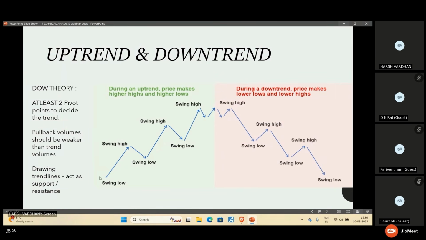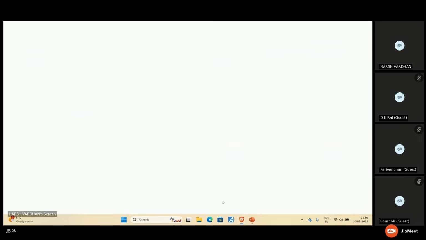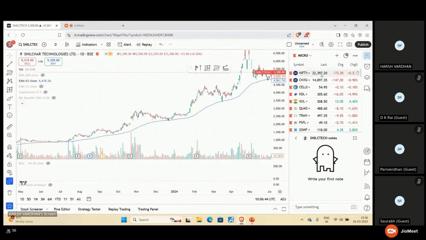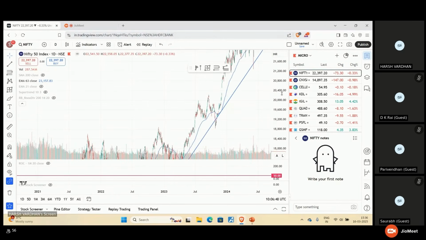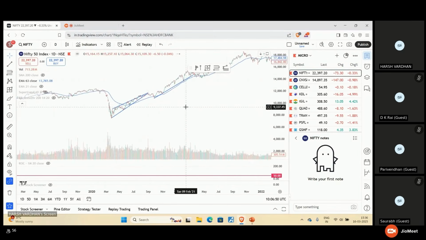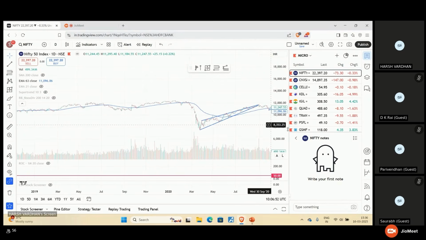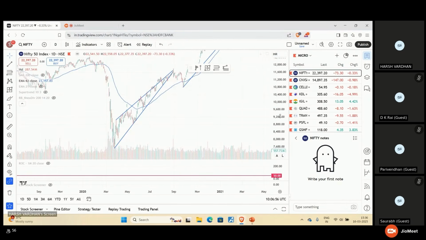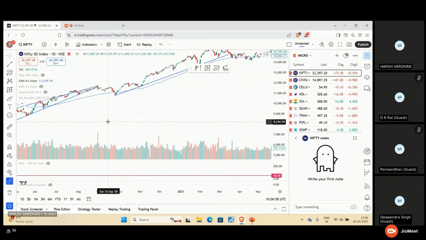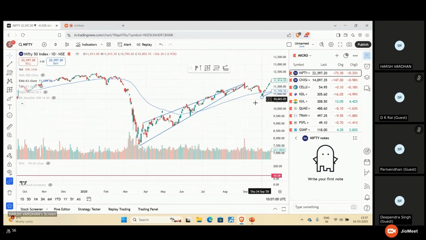Then we can also draw trend lines, which act as support or resistance. So for example, in Nifty, I'm sharing how to draw trend lines. Zoom in a bit.